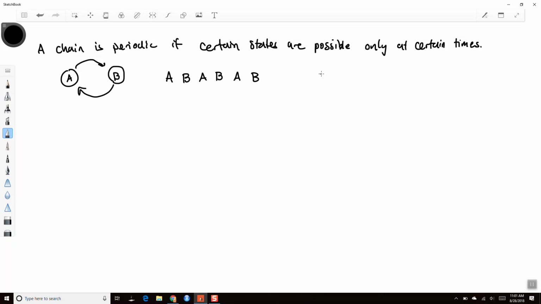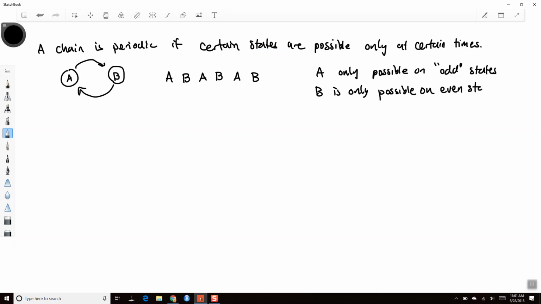And so A is only possible on, quote, the odd states, and B is only possible on the even states. So that would be periodic.